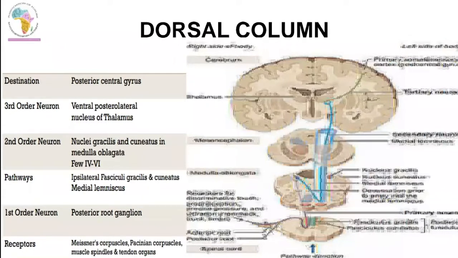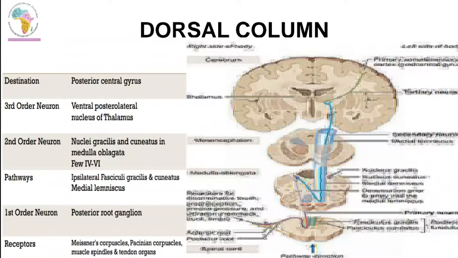So sensory information from the fasciculus cuneatus is relayed at the nucleus cuneatus in the medulla oblongata, and sensory information from the fasciculus gracilis is relayed at the nucleus gracilis in the medulla oblongata.